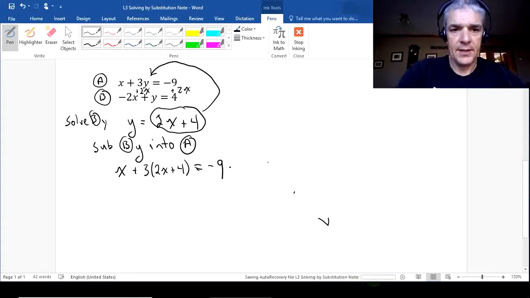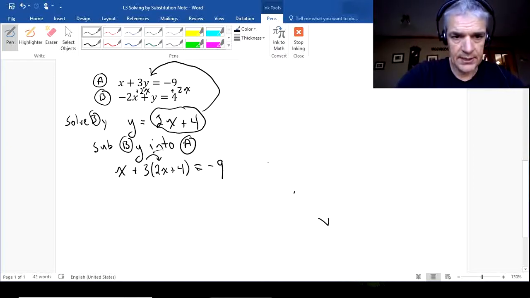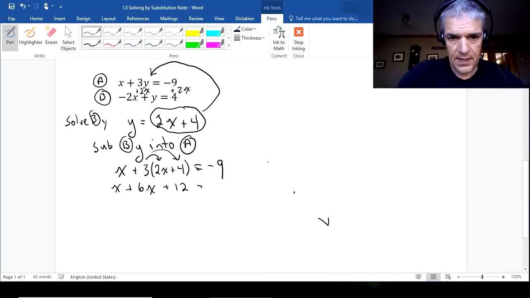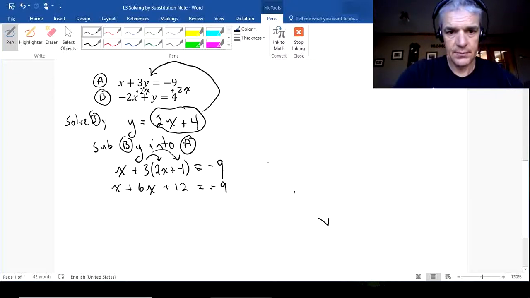Now I can go through my expansion and remove my brackets. Now I have a number in front. Last time we had just a 1, so it didn't really matter, but this time I have a 3. So I'm going to go 3 times 2x and 3 times 4. I'm going to get x plus 6x, because 3 times 2 is 6x, and then 3 times 4 is plus 12, equals minus 9. Now I'm going to solve all this and bring things together.